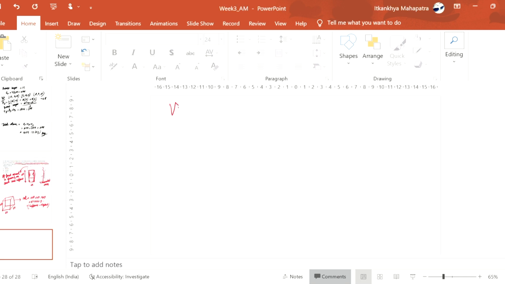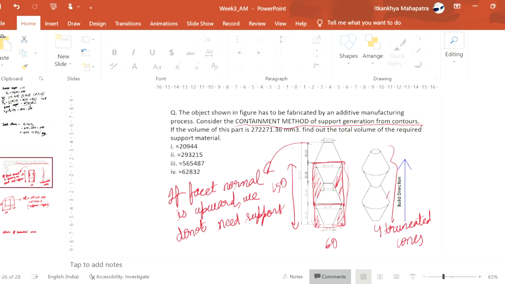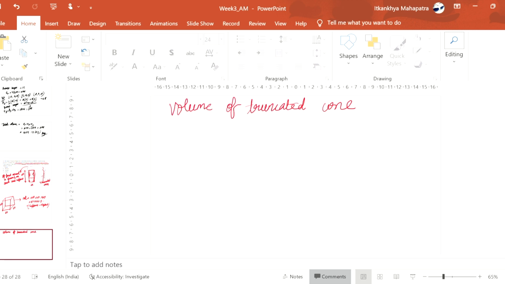Next is the volume of truncated cone. Now this is the truncated cone. Okay. Volume of truncated cone is equal to 1 by 3 into pi into h (R square plus small r square plus R into r).